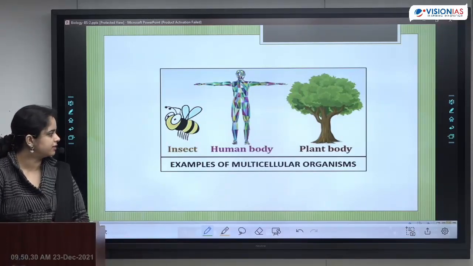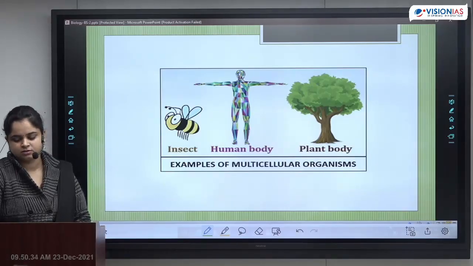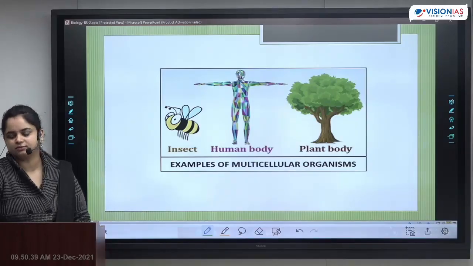And then you can write down the examples of multicellular organisms. So we have insects, human beings, plants.